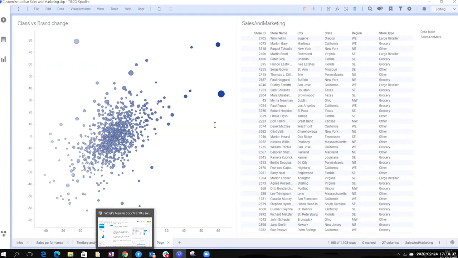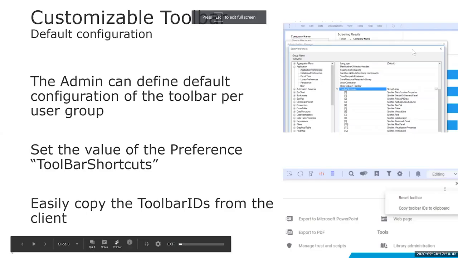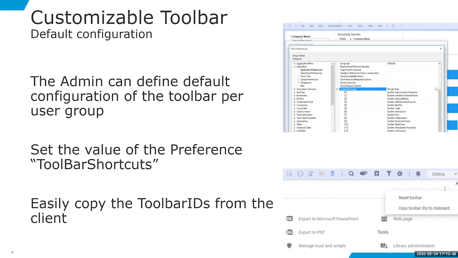So I'm sharing here again the presentation. And as you can see here, the admin can actually define the default configuration of the toolbar per user group using the administration manager.